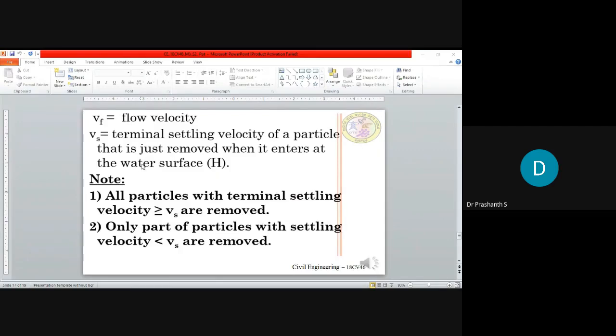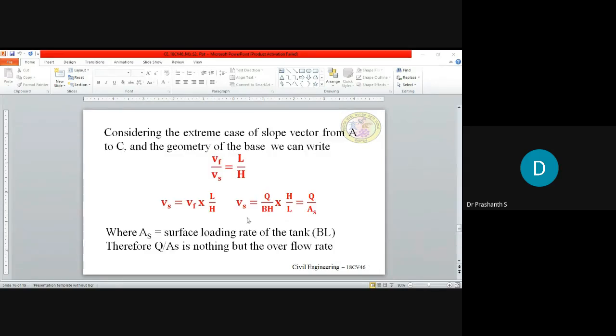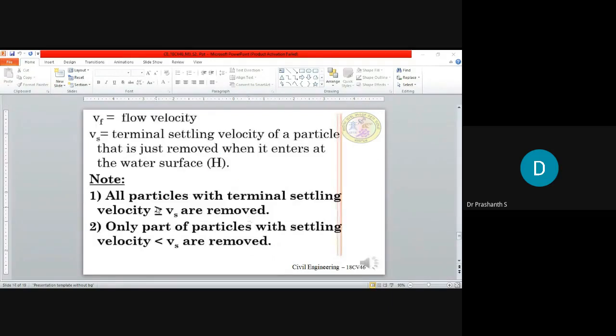What you can understand here is that all particles with terminal settling velocity greater than or equal to Vs are removed. Only a part of the particles with settling velocity less than Vs are removed.